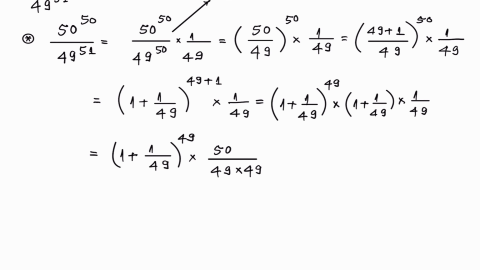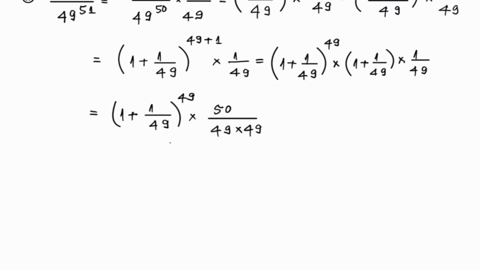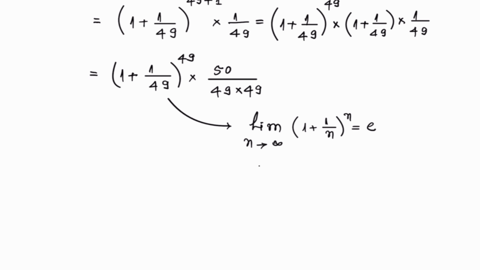All right, as you know, we have the limit as n approaches infinity of 1 plus 1 over n raised to the power n. This approximate value is equal to e, and so the answer for this number here is also equal to e, and e is equal to 2.71828 something.